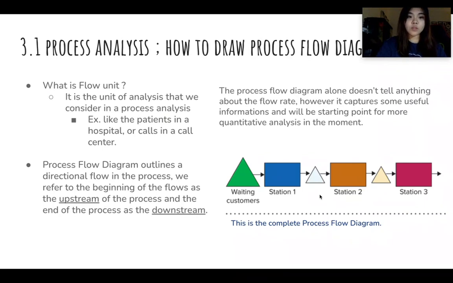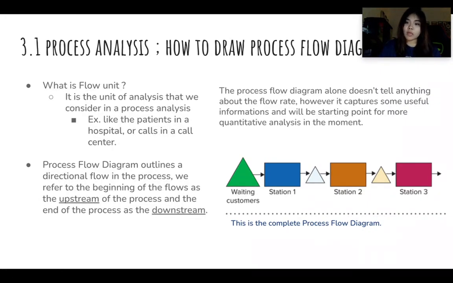Moving on to a flow unit. A flow unit is a unit of analysis that we consider in a process analysis. For example, it's like the patients in the hospital or the calls in the call center. A process flow diagram outlines a directional flow in the process.